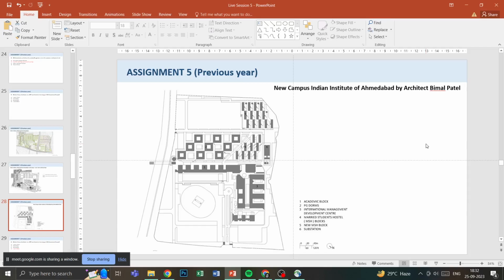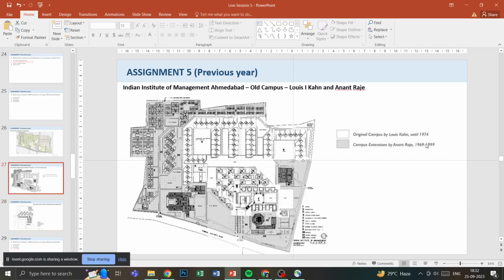So in the old campus, Anant Raje took precedence after Louis Kahn. Anant Raje was also working as the site architect with Louis Kahn during the initial stage, but later he also designed a few buildings in the campus.